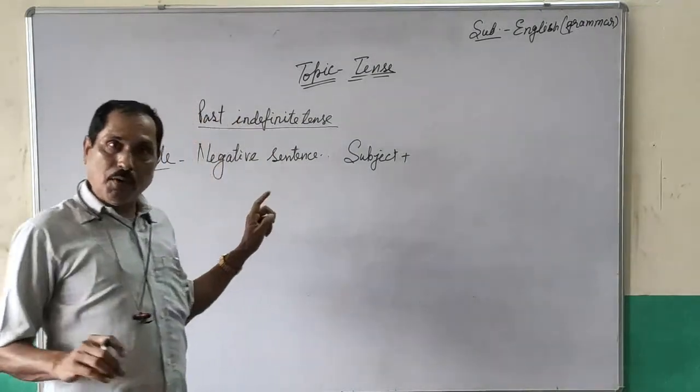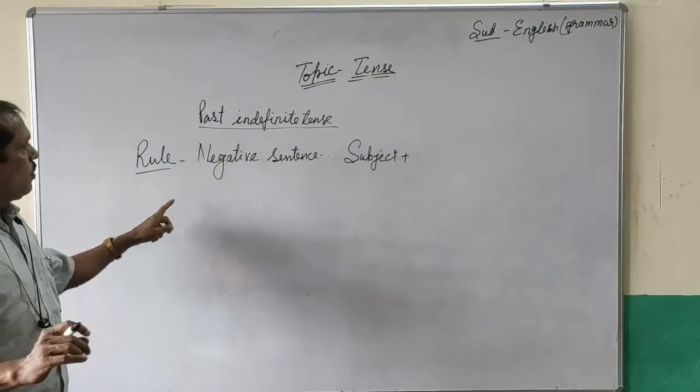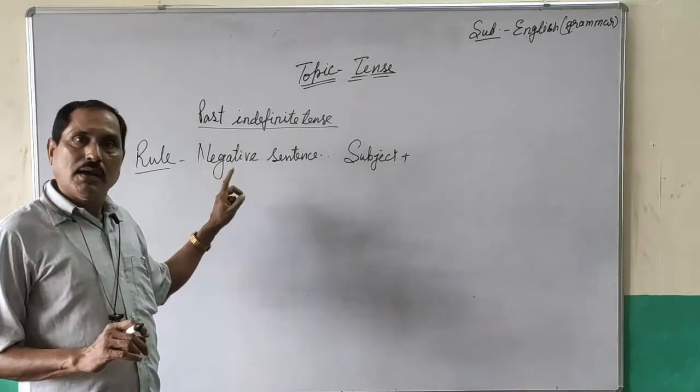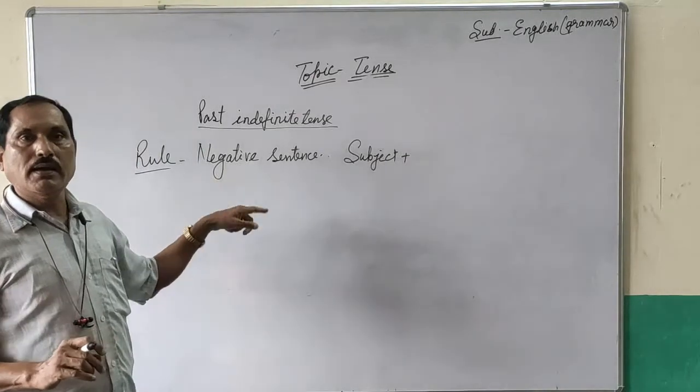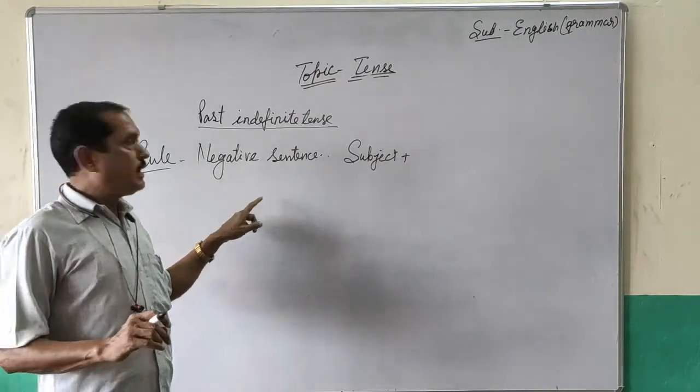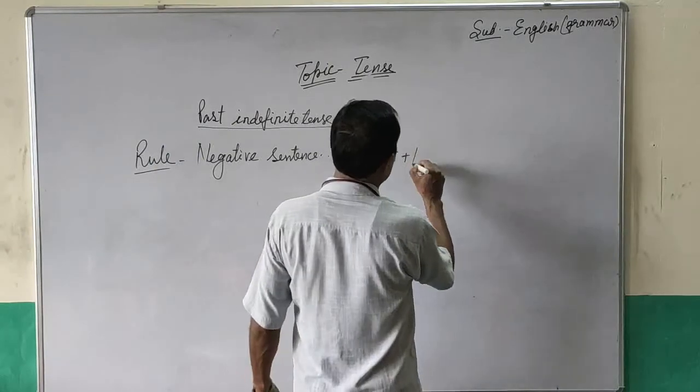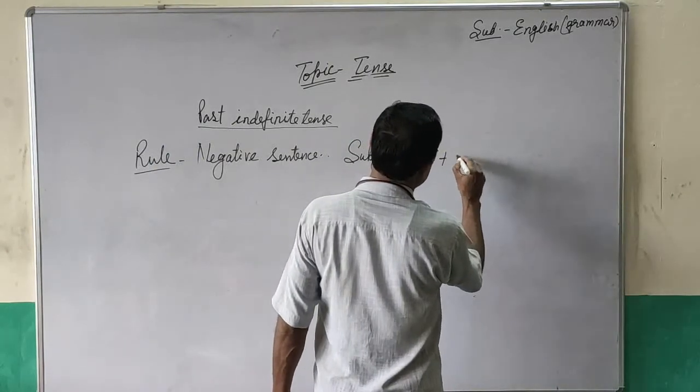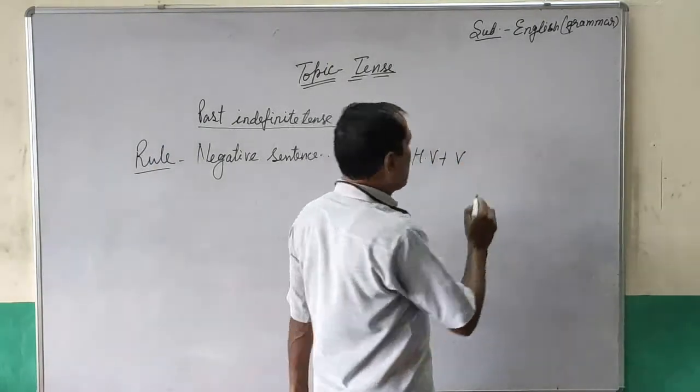I have told before, we use the helping verb in negative and interrogative sentences. Helping verb plus first form of the verb plus object.